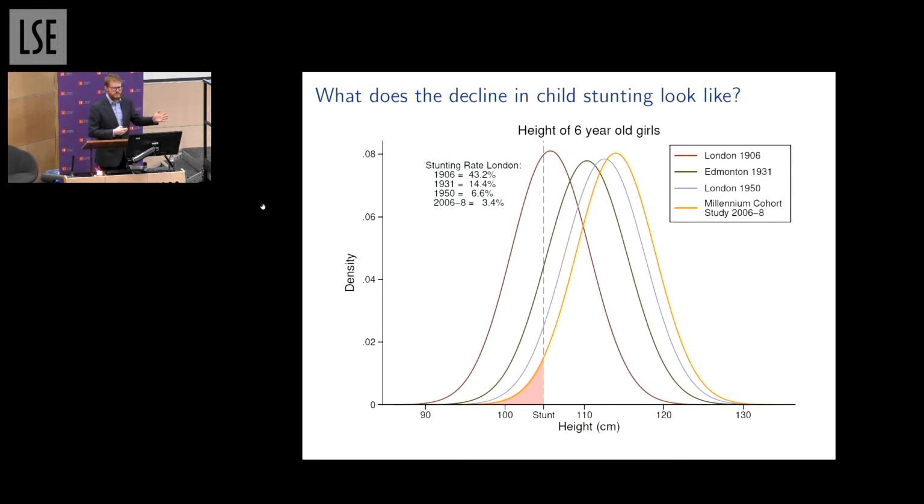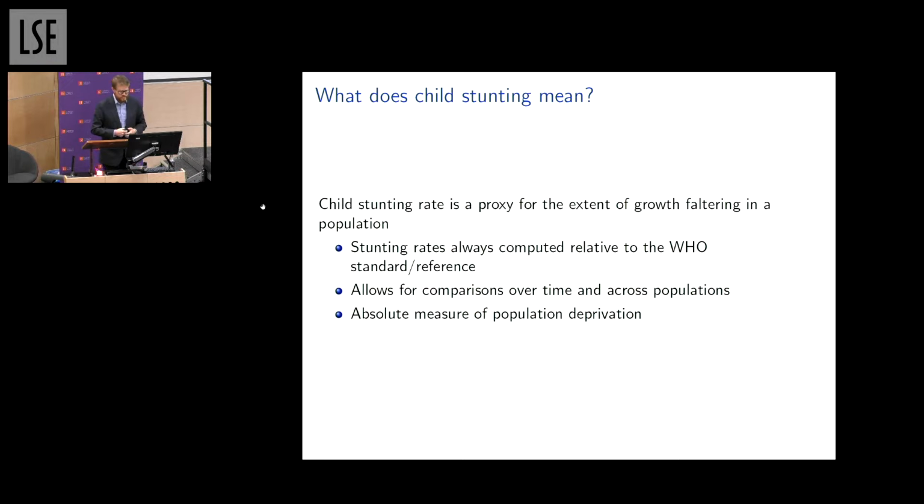So stunting decline is a shift in the distribution of heights. You can see the mean is shifting upward. Often also the variance may become smaller. And that allows stunting to be eradicated. So what does child stunting mean? It's a proxy for the extent of growth faltering in a population.